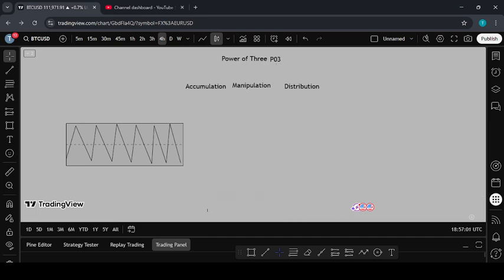What it means is, if the market decides to break out from this range and sells, it might not be intending to go down. You will need to wait for the manipulation move to play out. And what's the manipulation? The market will sell aggressively to this side, then all of a sudden the market will move to buy.